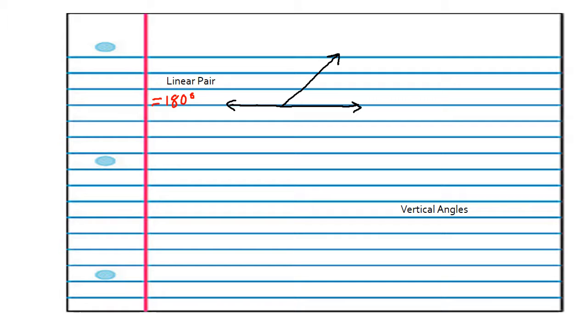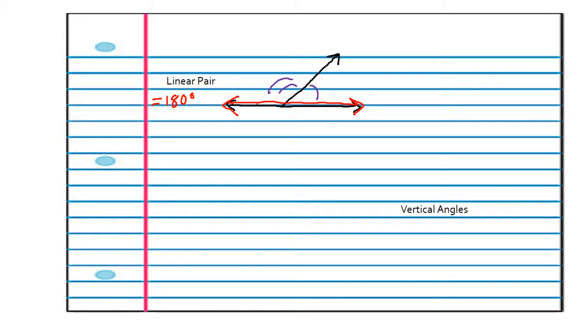And it's called a linear pair because when you put the two angles together, they make that cute little straight line. And again, depending on what the value is of the first one added to the second one, using the angle addition postulate, they will just always equal 180 degrees.